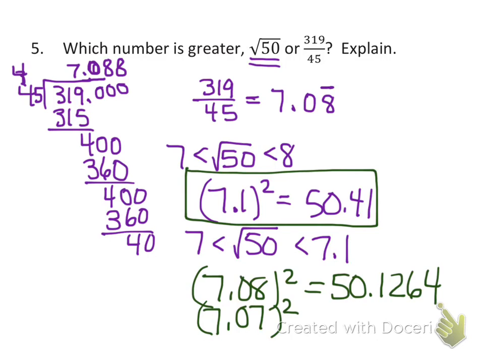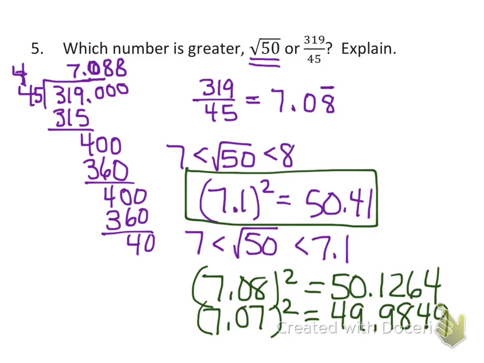Okay, so it's kind of like a little puzzle. 7.07 squared is equal to 49.9849. So now what do I know about the interval of the square root of 50?